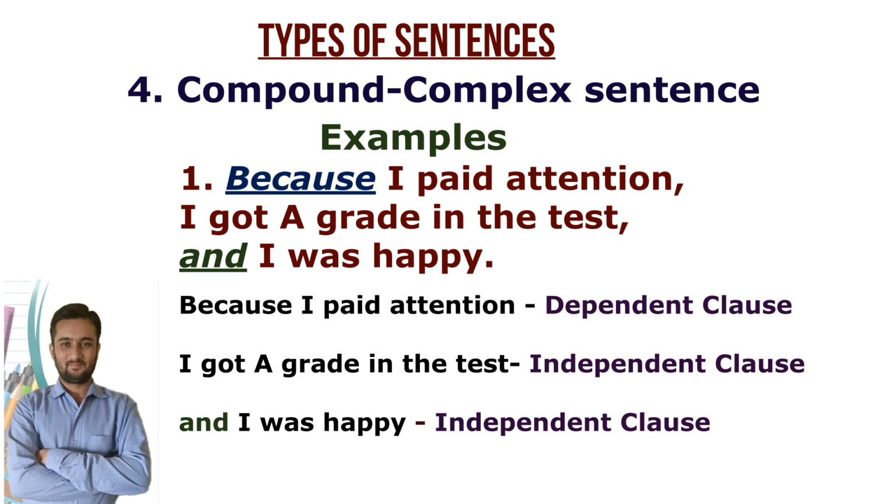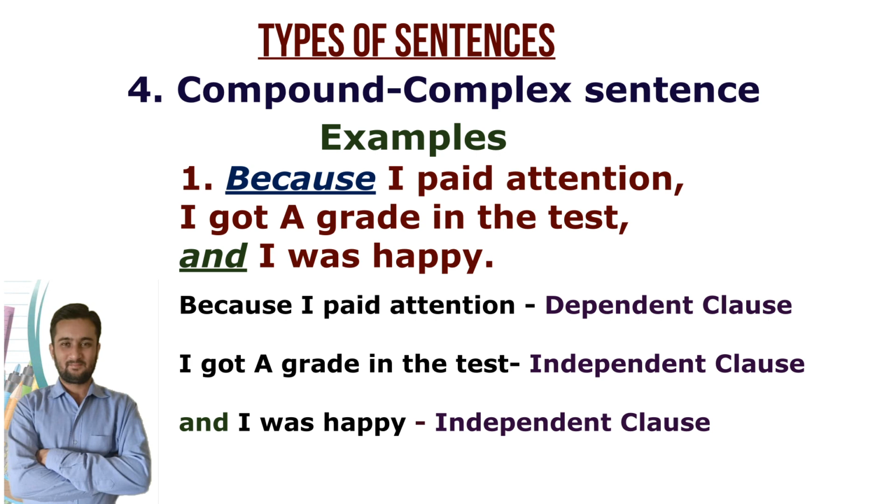Remember this, when a sentence starts with a subordinating conjunction word, comma is necessary. Then second part is I got A grade in the test. Now here this sentence does not start with any subordinating word, or coordinating conjunction word. So here this part is a simple sentence.